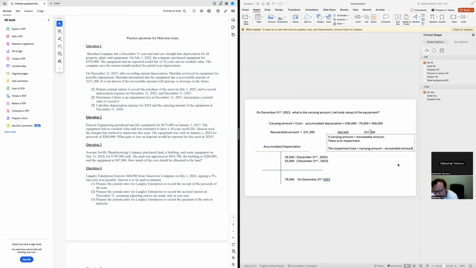The impairment loss equals carrying amount minus recoverable amount. So that equals 219,300. So this is my impairment loss.